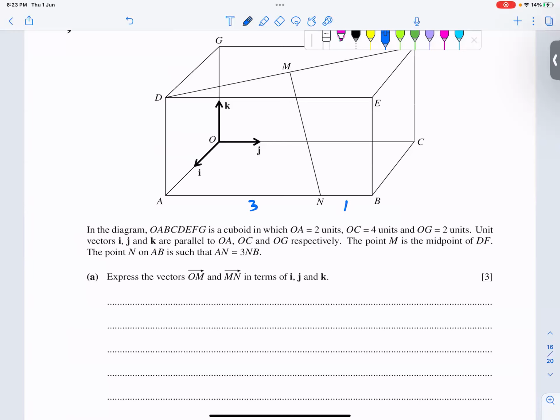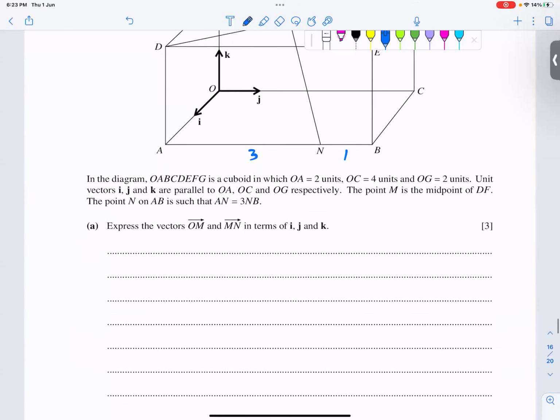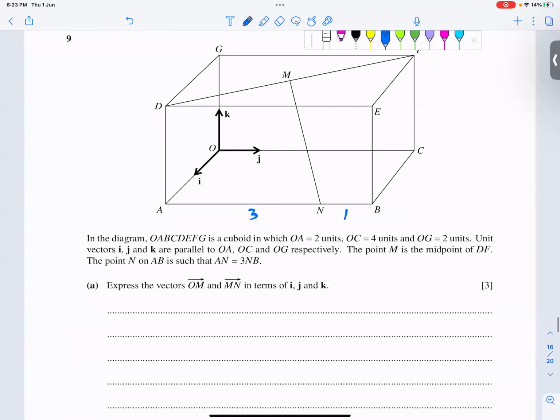Express the vectors OM and MN in terms of i, j, and k. So to write OM, we need the diagram from O to M. First of all, we will come here. Okay. O to this point, this will be 1 because the total value is 2, so at halfway, this will be 1.